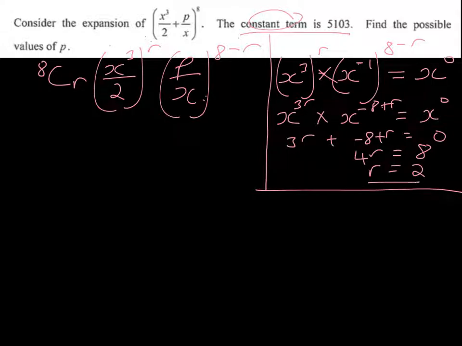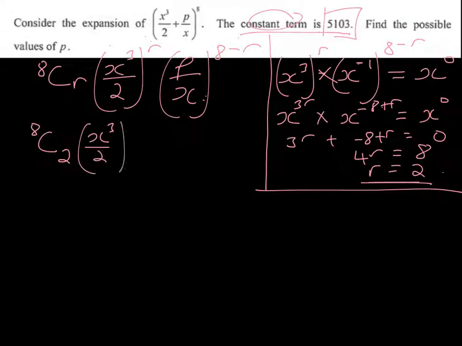Anyway, once we've established that r equals 2, we can come back here, and we know that the constant term is 5,103. So now we've got a little bit more information. We're looking at 8 choose 2, x cubed over 2 to the power 2, and p over x to the power 8 minus 2, which is 6.